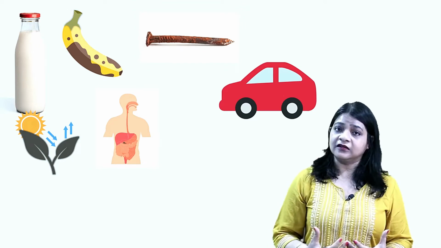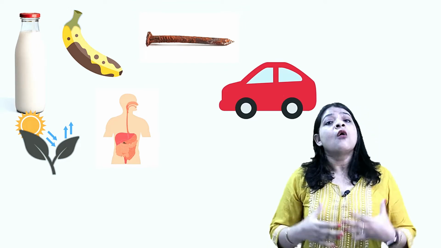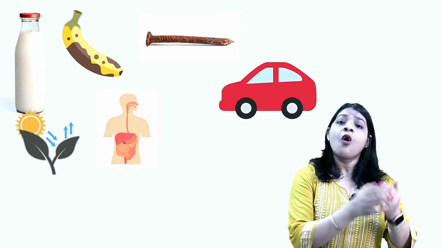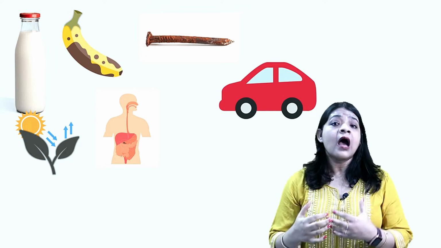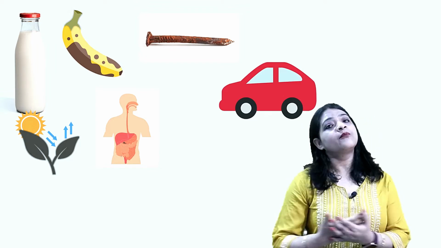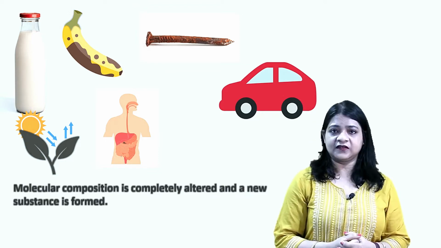So the changes where the alteration of the chemical composition or the identity of the substance takes place and the process is basically irreversible are called chemical changes.